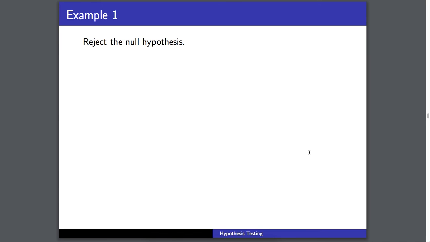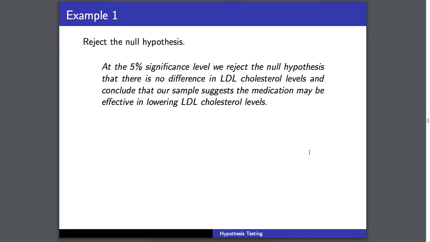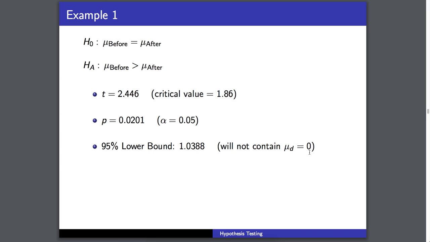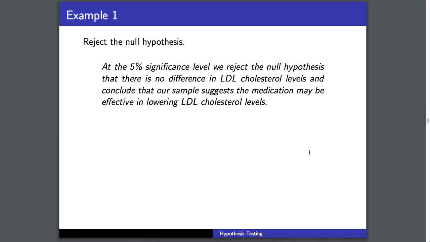So we are going to reject the null hypothesis and conclude that at the 5% level of significance, we reject the null hypothesis that there is no difference in LDL cholesterol levels. So we can conclude that our sample suggests that the medication may be effective in lowering LDL cholesterol levels. Our results are statistically significant, where we can have a good enough reason to believe that they didn't just occur by chance.